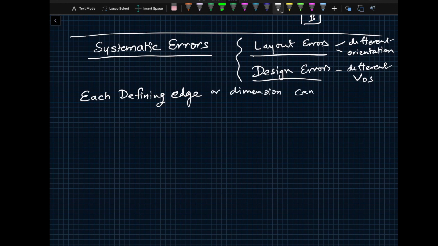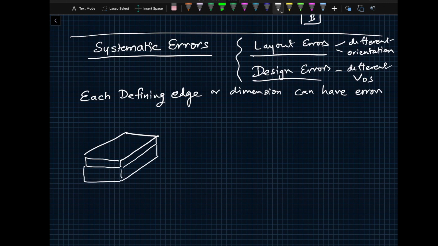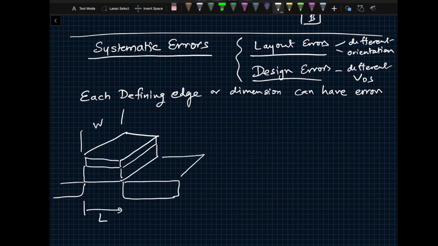can have errors. So for example, if you look at a transistor, okay, so this is your sandwich, this is your oxide, and then here is your source and drain regions, right? So you can have errors in your channel length, you can have errors in your channel width, also you can have errors in your TOX, thickness of the oxide, and all these will give you different behavior from one transistor to another.